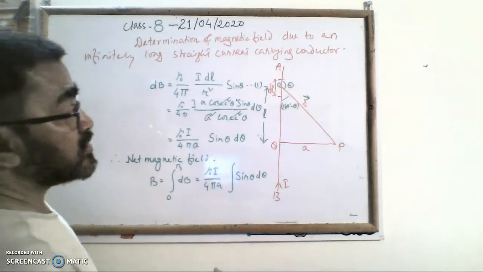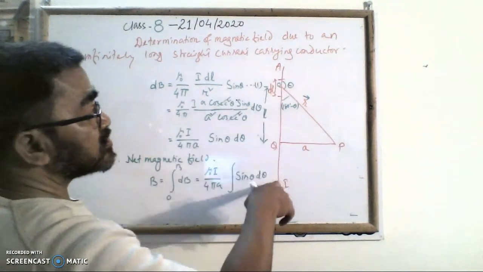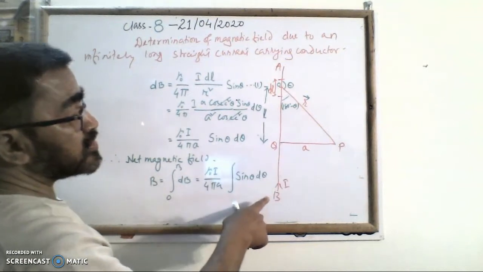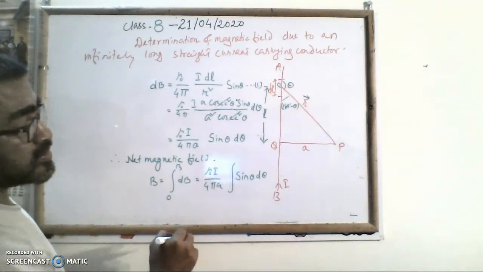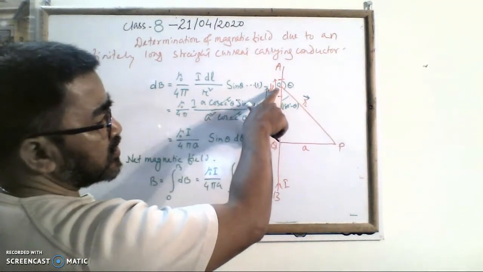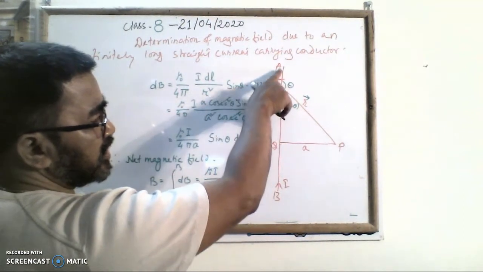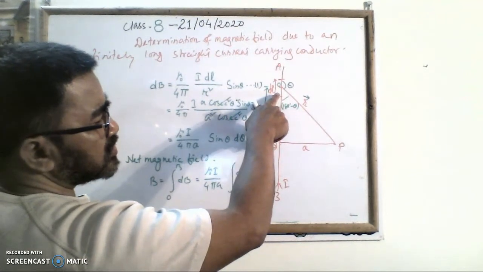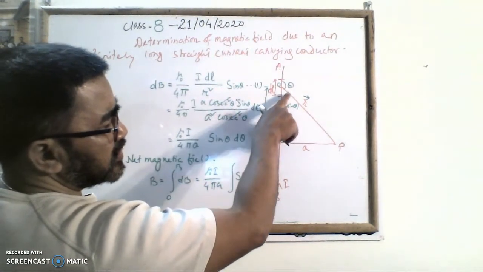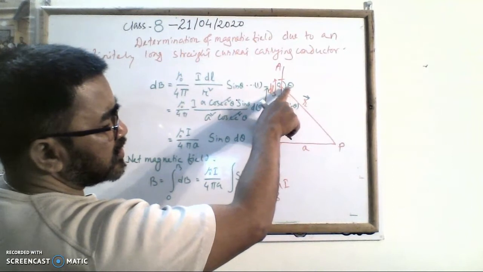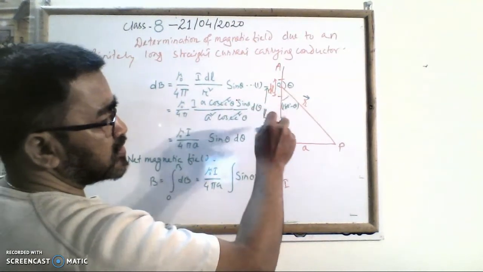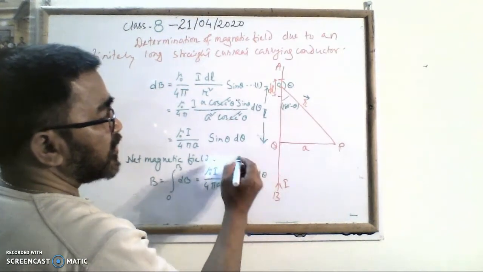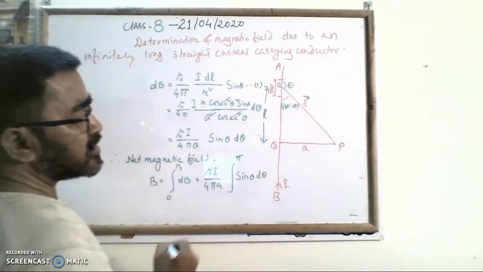Because this is infinitely long, we are to integrate between two limits, a lower limit as well as an upper limit. So what will the lower limit be? When the point A goes upwards, if we take dl towards infinity, then what will theta 2 be? Theta 2 will increase up to 180 degree. So the upper limit is 180 degree, that is pi.